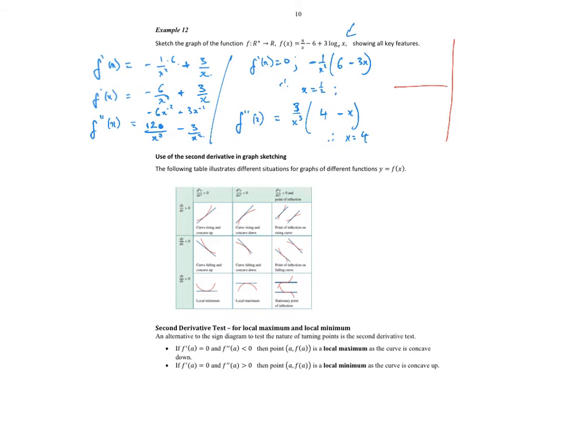What do we know? Well, the natural log function is undefined, so the domain is going to be x greater than 0. So let's just change this fraction and work this section here. We do know that there is an asymptote at x equal to 0.